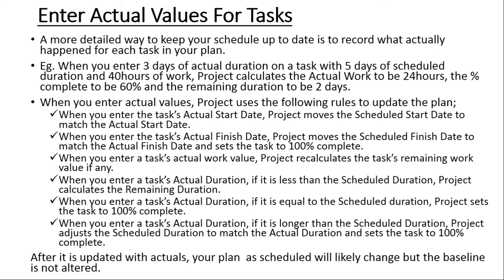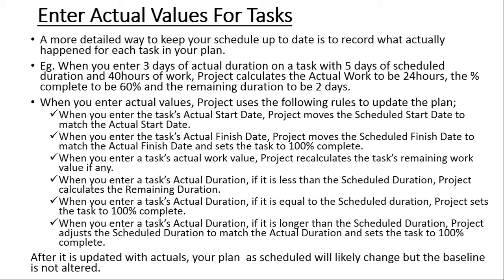That gives us a 60% completion. Then it will also determine that the remaining duration is 2 days and the remaining work is 16 hours, because the total work must be 40 and we have completed 24 hours up to now.